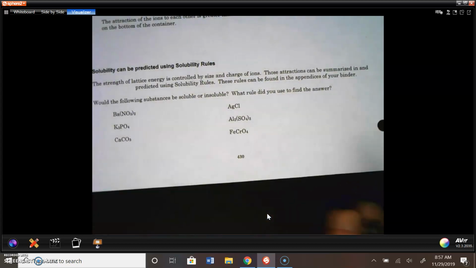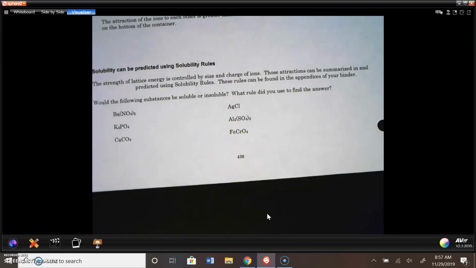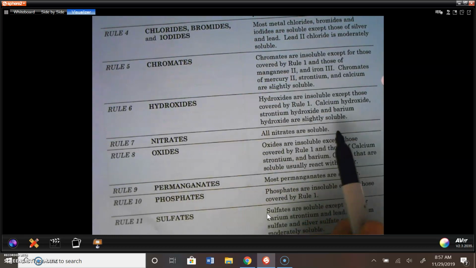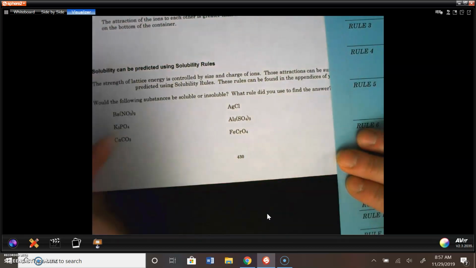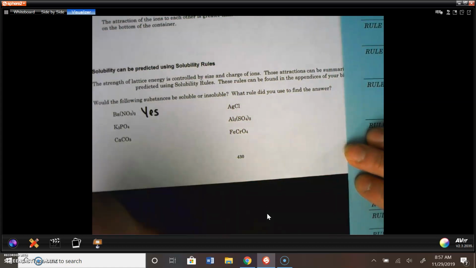So you take a look at substances like this. So barium nitrate. So what do I want to do? I want to focus on the rule that says all nitrates are soluble, the nitrate rule. Well, okay, so then that's easy. All nitrates are soluble. So then barium nitrate will dissolve. Yes, it's going to be soluble.